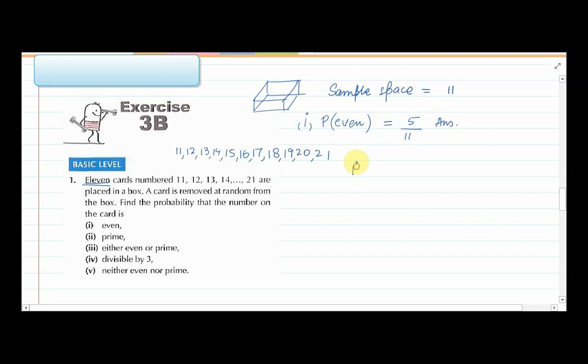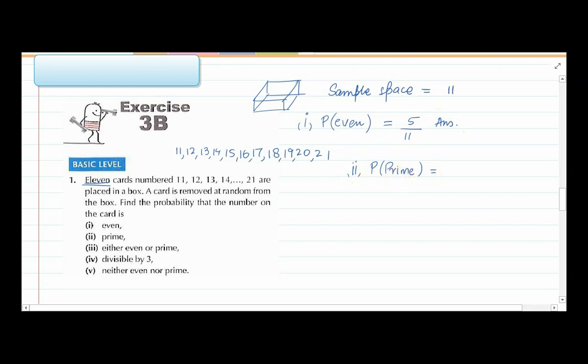Moving on to the next part, find the possibility of a prime number. Now prime numbers are those which do not have any other factor except 1 and itself.